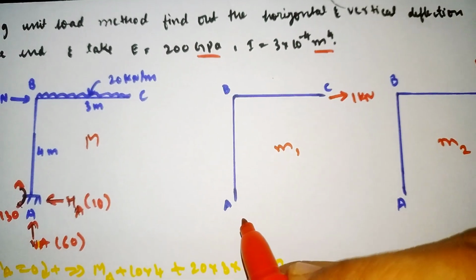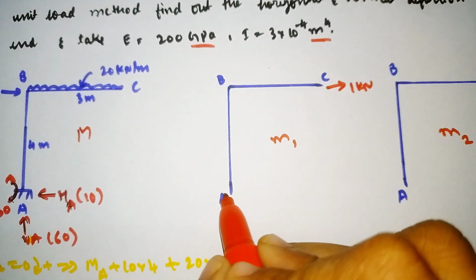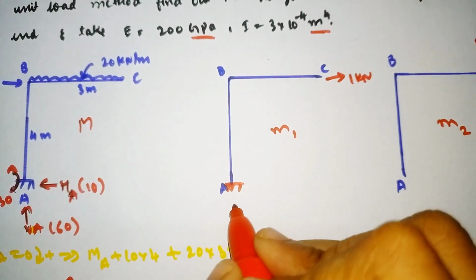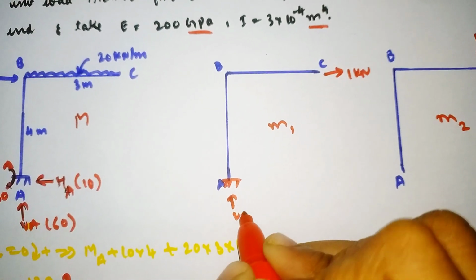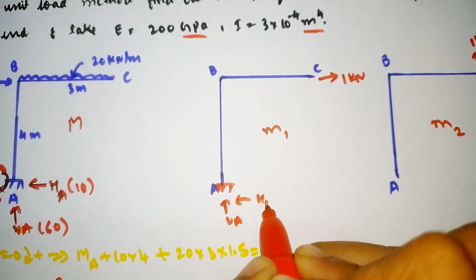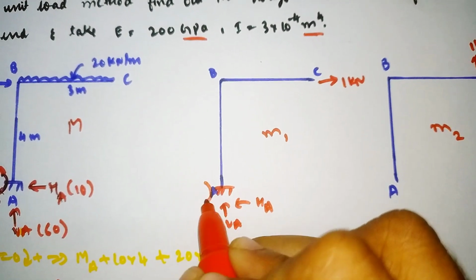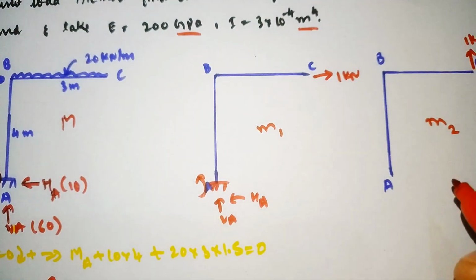Now what we have to do is we need to find the support reaction. So here a fixed support is there. Usually we have three reactions: one is vertical and horizontal, and moment is there. I will take it as anti-clockwise.